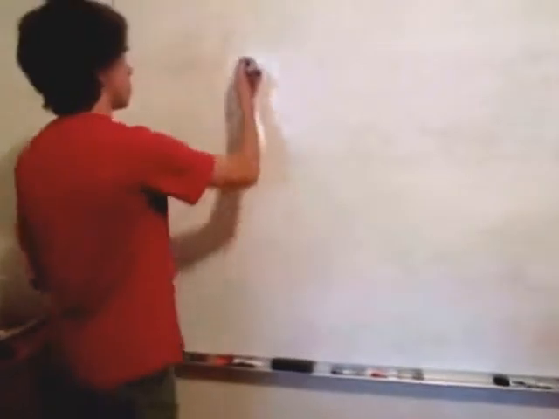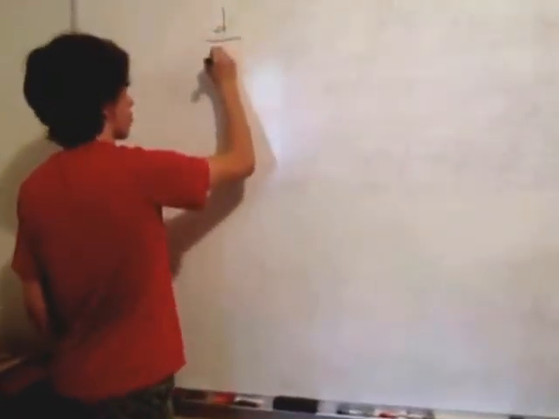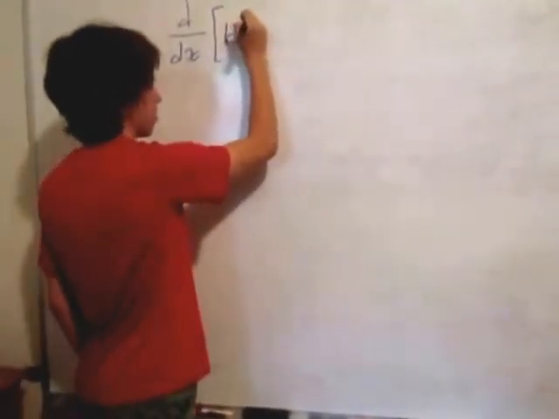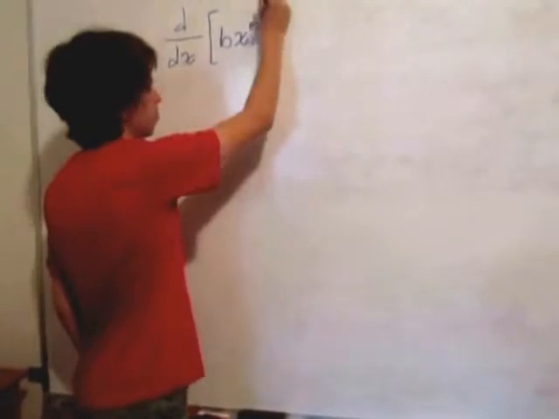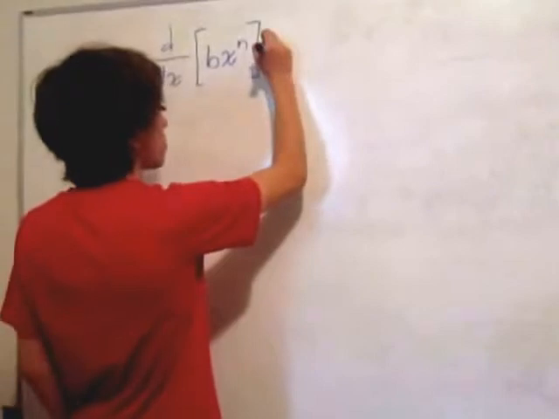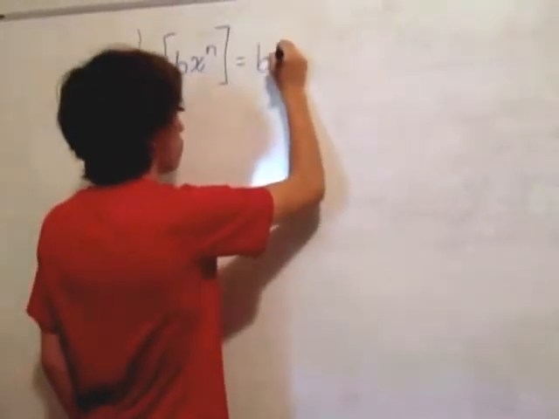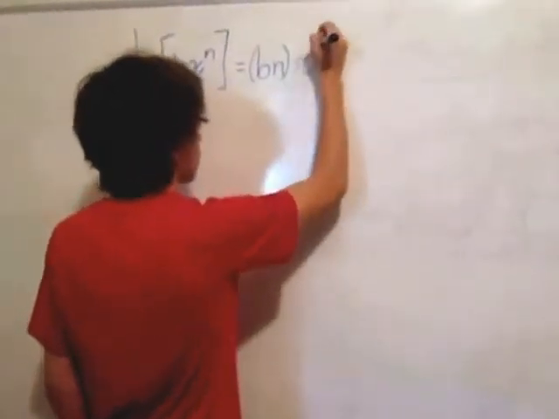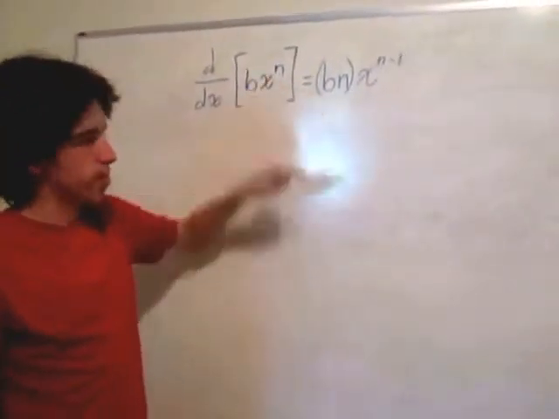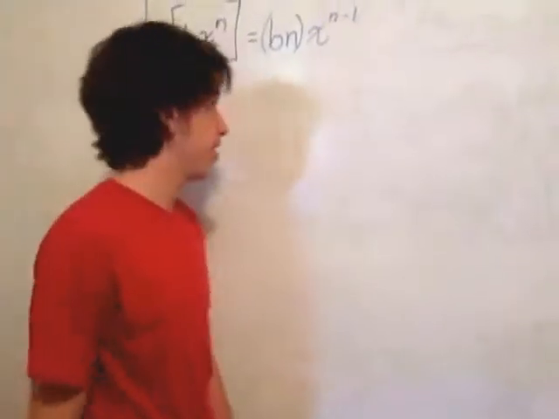Hello. So, in the last video, I showed you two rules for taking derivatives. First, the power rule, where we learned that the derivative, and I'm going to use this notation from now on, of b x to the n, where b is some coefficient and n is some exponent on x, is equal to bn times x to the n minus 1, or we decrement the exponent and multiply it times the exponent before we decremented.